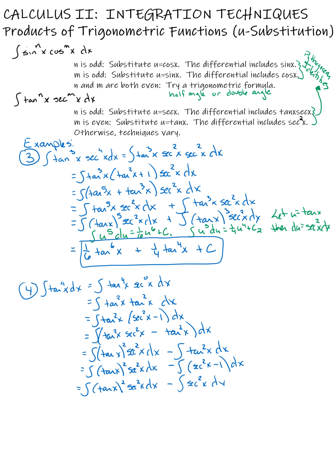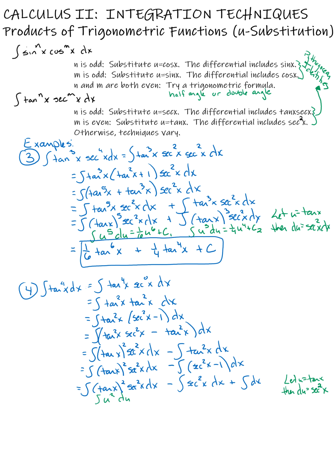I'm going to distribute this negative so we end up with plus the integral of just dx. Now again, I'm writing this one in this particular notation for a reason, because I'm going to use a u substitution on that. We'll let u equal to the tangent of x, and then that tells us that du is secant squared of x, which means we're going to integrate u squared du. I don't need to worry about a u substitution on either of the other two integrals.